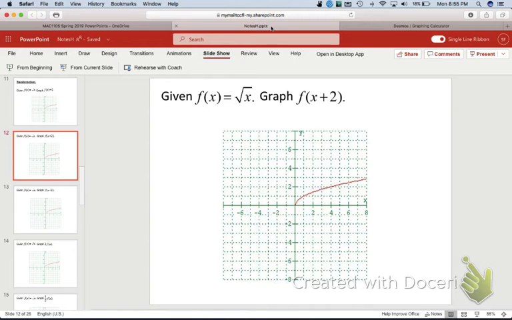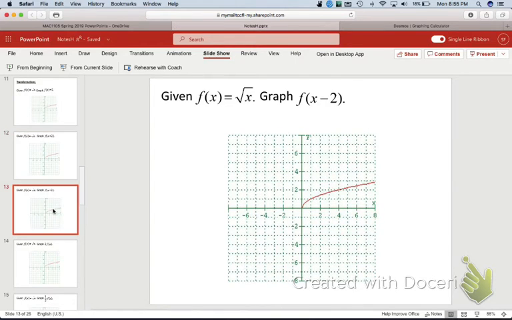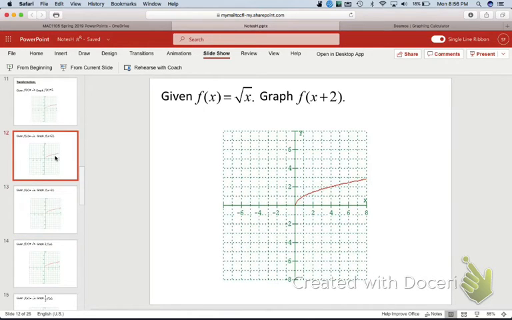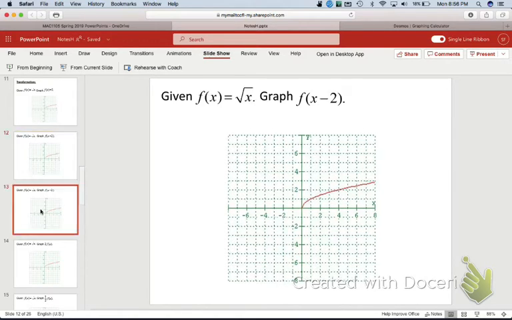All right, in our next example, we want to look at f of x minus 2. See if you have any guesses at what's going to happen with this one based on what we just did. So if f of x plus 2 moved it to the left 2, what do you think f of x minus 2 is going to do to my parent function?